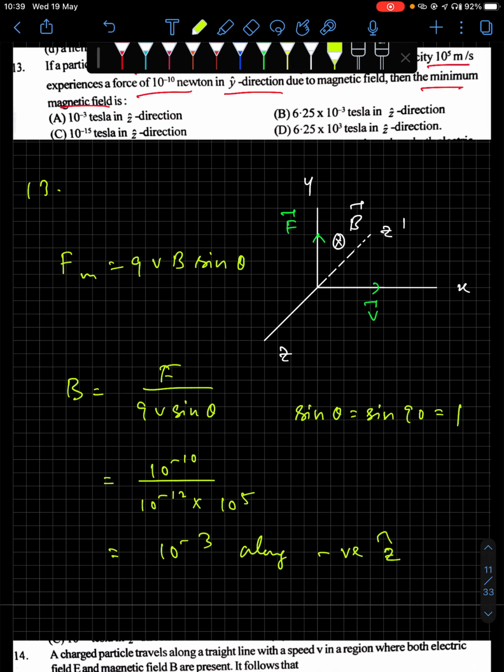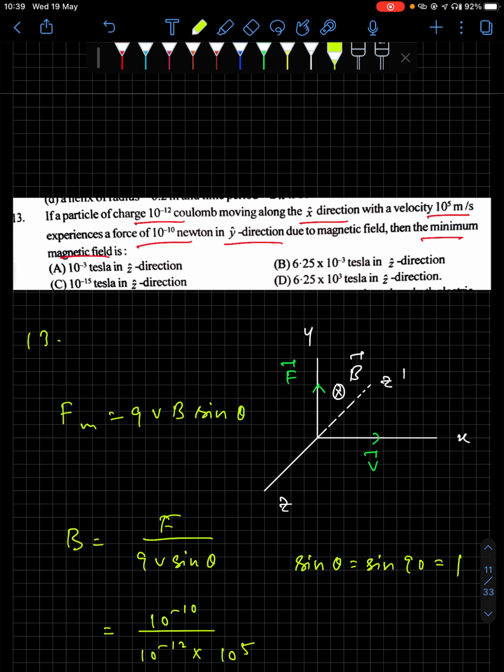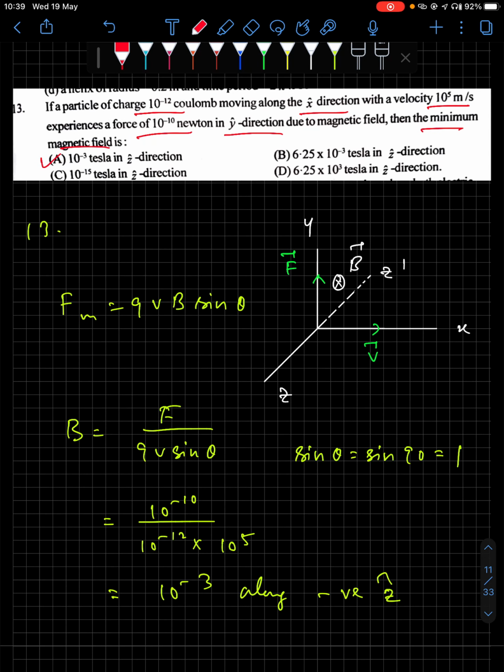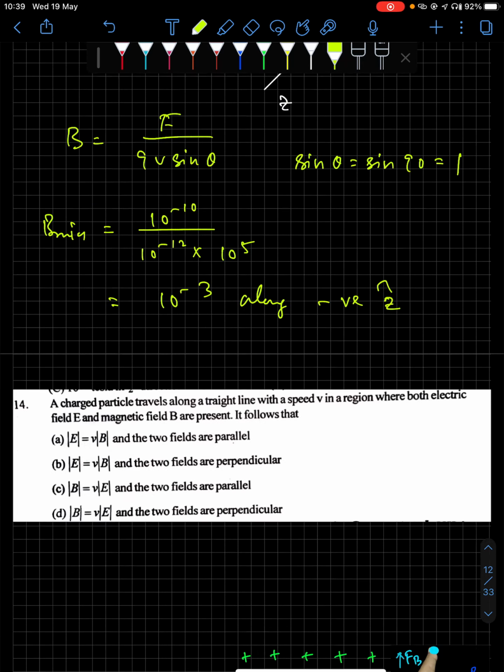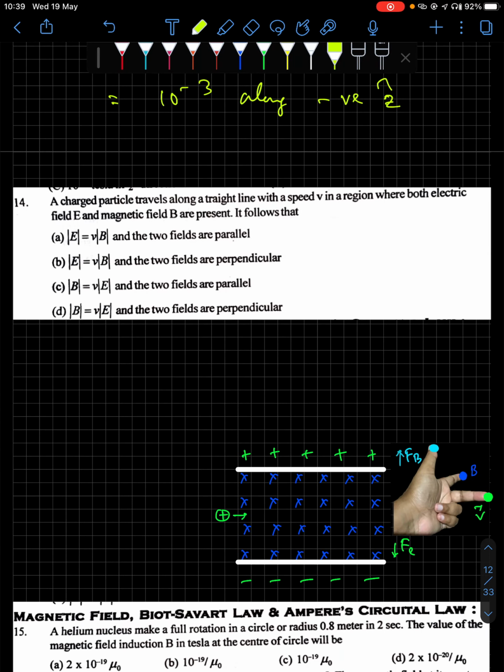Here positive or negative is not mentioned in the question, so we'll go with option number F. So what we have found is B minimum.